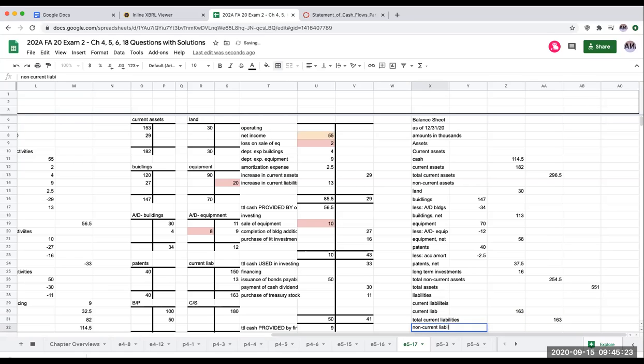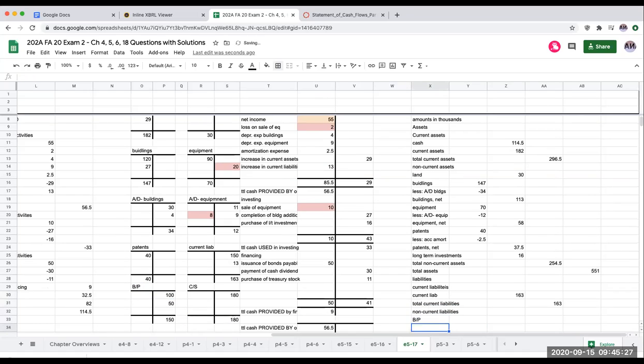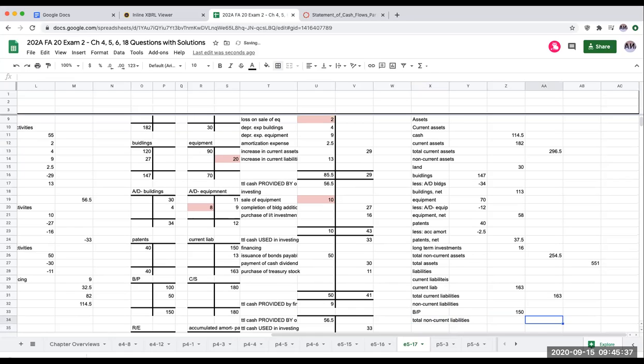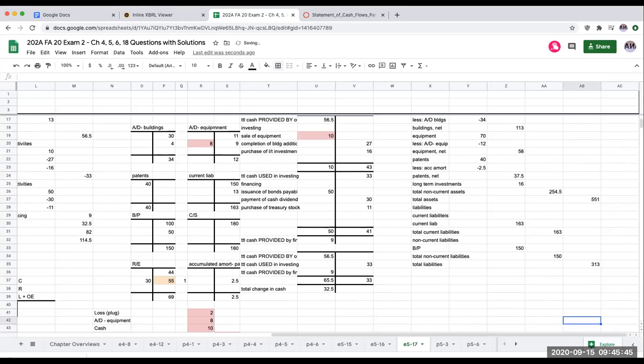Non-current liabilities, I'm going to have bonds payable. This is going to be over here, a 150. So I'm going to have total non-current liabilities of 150. So my total liabilities is going to be 313.